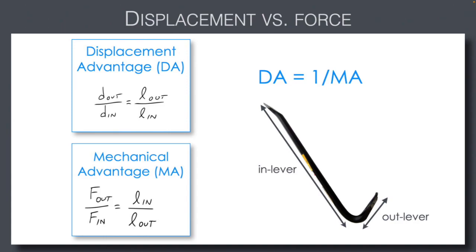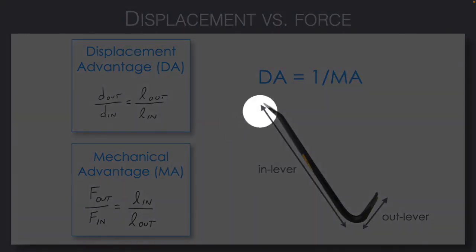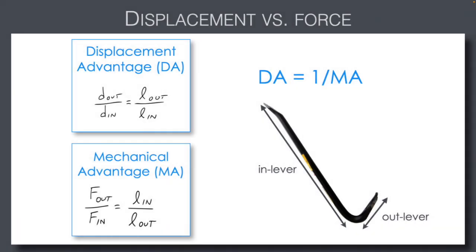So if you were to increase, for example, this part of this crowbar, make it longer, then you can, for a given amount of input force, generate a lot of output force, but you have to pull it a greater distance in order to get it to go the same distance that you would otherwise get with a smaller lever. So they're inverse relationships.